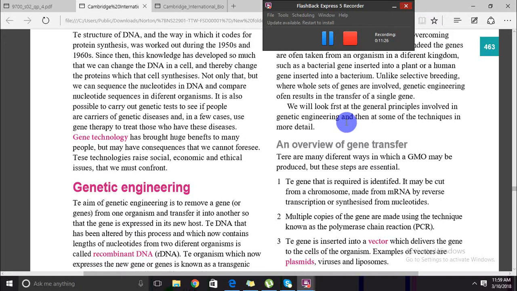They just don't have to be from the same individual.